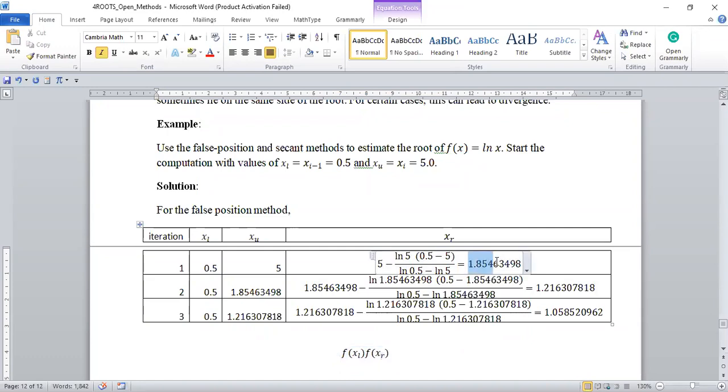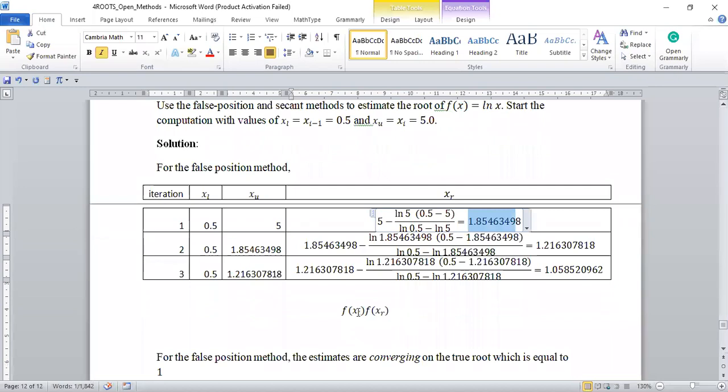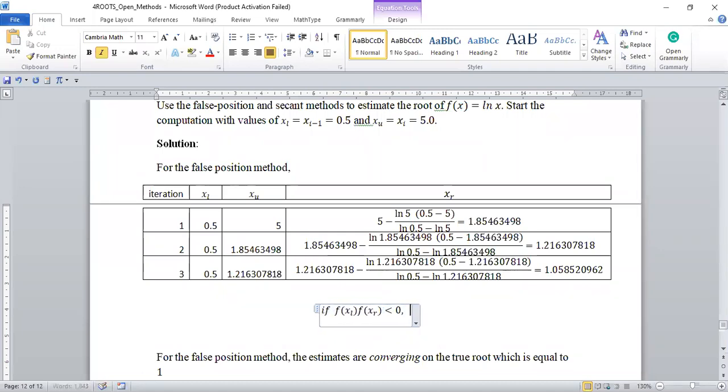After doing this, if you can remember, you're going to evaluate this. If this is less than 0, you replace the upper limit with xr.